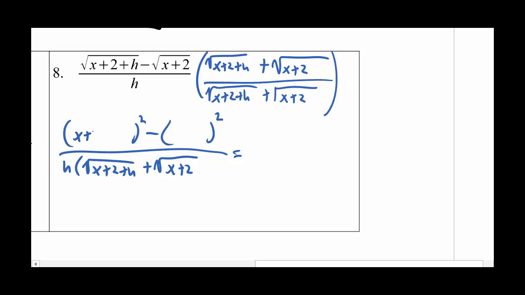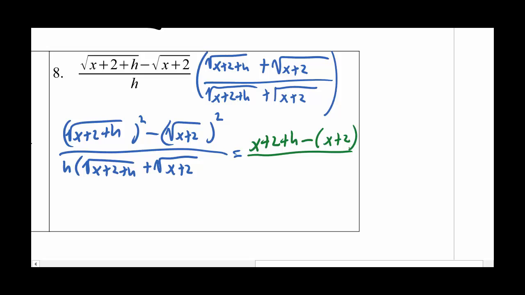All right, x plus 2 plus h quantity squared, all with the square roots there. Okay, so up top, we have x plus 2 plus h minus x plus 2. Remember, it's both of them, so I'm going to put the parentheses there. And then we still have this very lovely denominator. That's going to simplify here in a second.